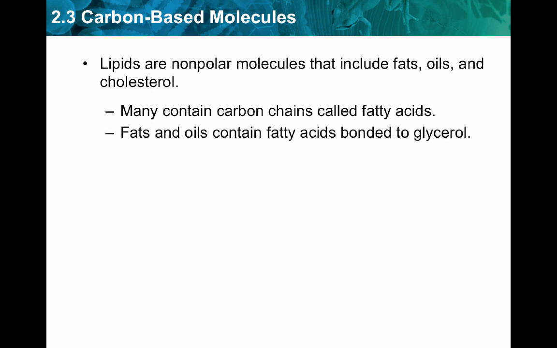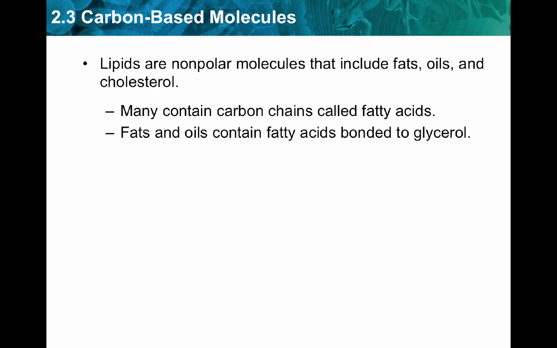When you look at lipids, there's one very large group of lipids called triglycerides. Fats and oils contain a type of lipid called a triglyceride. Maybe you've heard it referenced in blood tests.